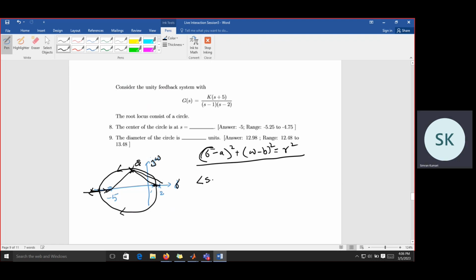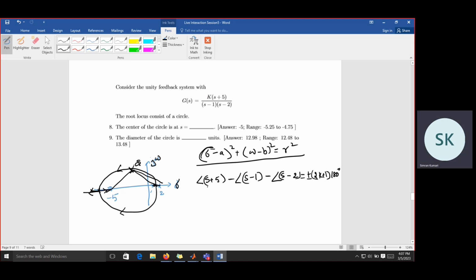So this will be angle of S plus 5, so this is minus 5, and then angle of S minus 1. There is a 4, so this will be negative. This will go to (2k plus 1) 180 degree.